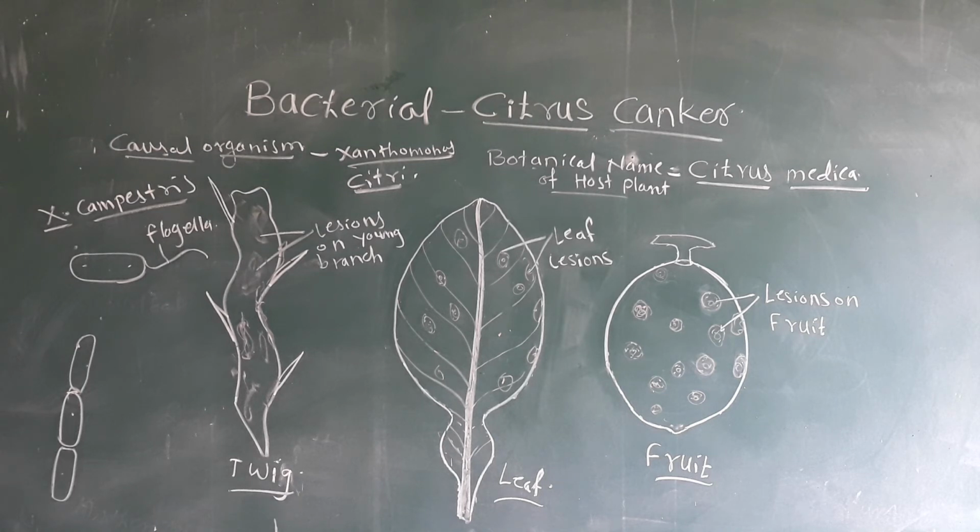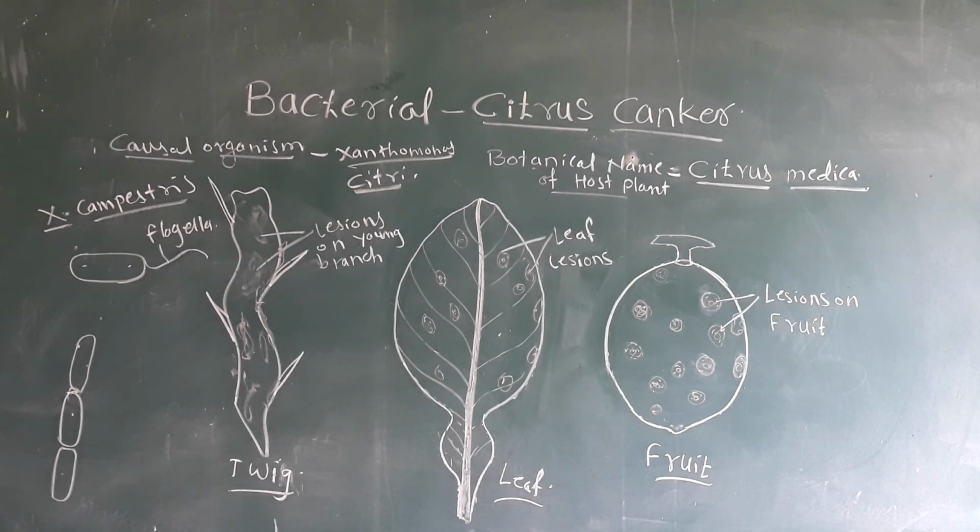It dissolves the middle lamella and grows there, and forms cankerous outgrowths. These can form on the leaves as well as on the fruits, along with exudations.